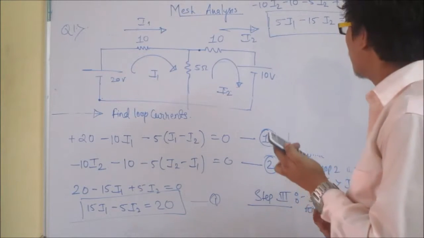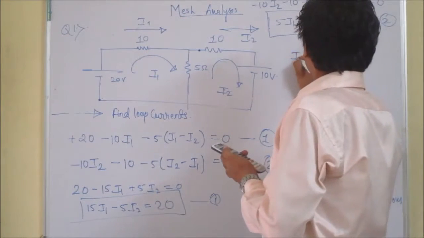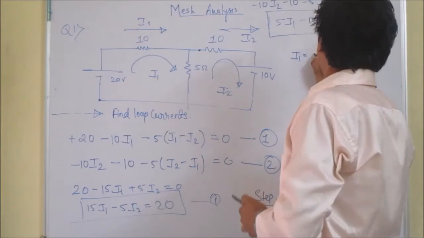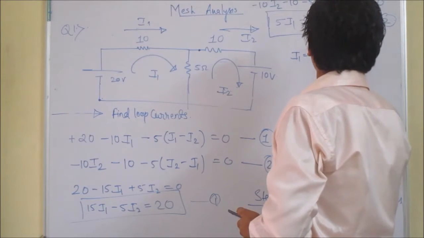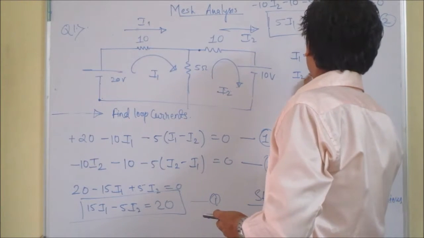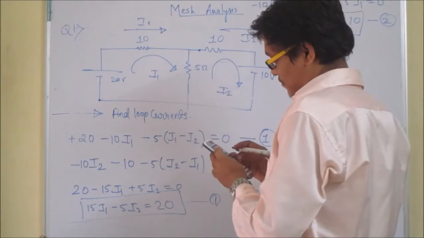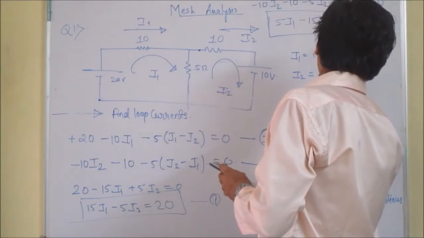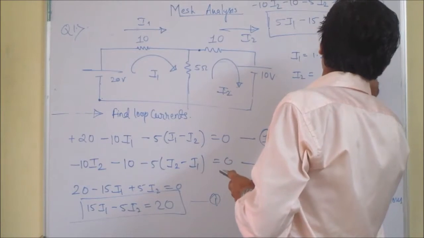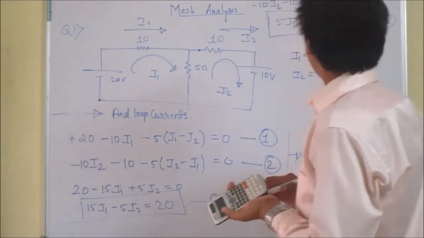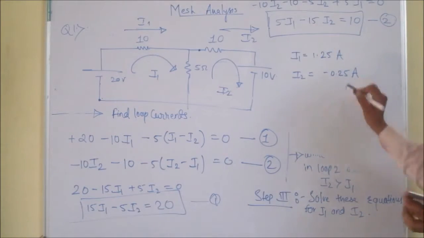I1 I have got is I1 is equal to 1.25 amperes. I2 is equal to minus 0.25 amperes. Now, what I have got for I2 is negative.